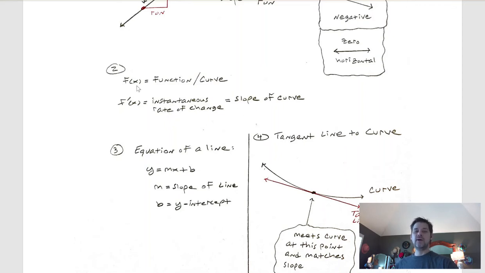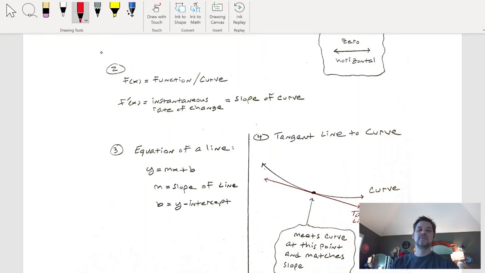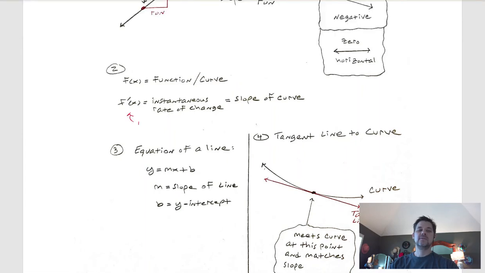Okay, so f of x is a function or curve. f prime, the derivative, that was my other term for it, tells you the slope of a curve at a point.